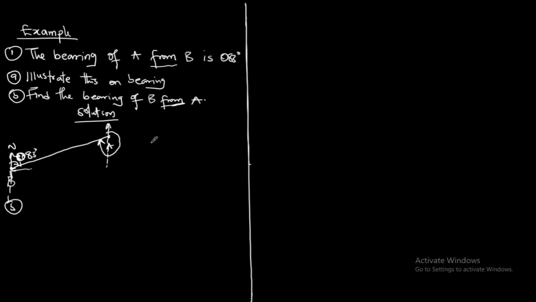If I have two parallel lines and a transversal line that cuts the two parallel lines, then this angle and this angle are alternate angles. And alternate angles are equal. So if this angle is 83 degrees, this angle too will be 83 degrees.